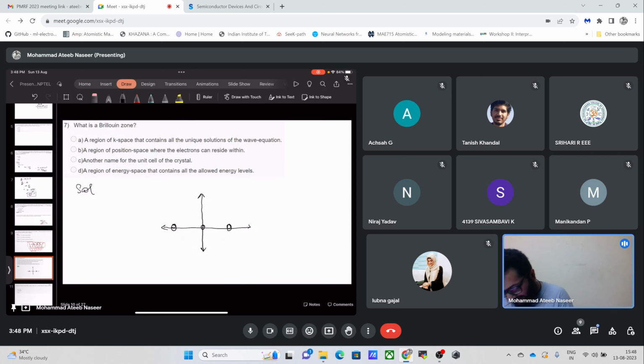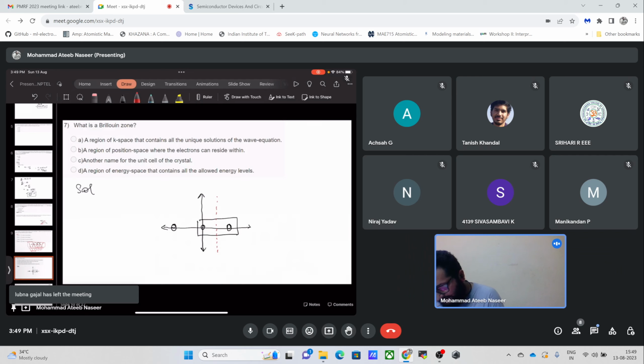If I have these two neighboring atoms lying in some plane, I draw the perpendicular bisector just in the middle of the two. Similarly, on the left-hand side, I draw a perpendicular bisector to the other neighbor, and what we obtain corresponds to the Brillouin zone of this material.